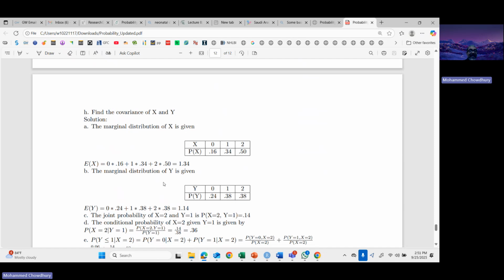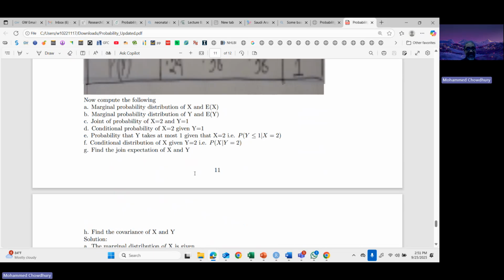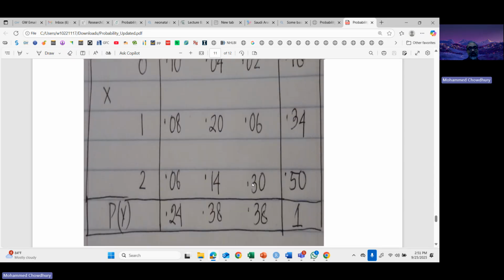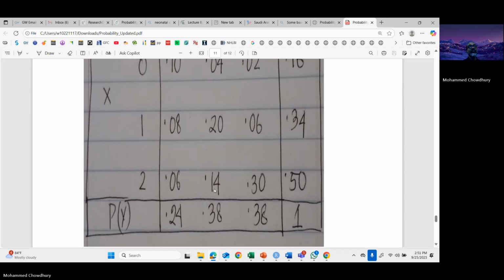Maybe I can add a few more things, like the variance of X, which you can also compute. After that, now come to the third problem: the joint probability of X equal to 2 and Y equal to 1. X equal to 2 is this, Y equal to 1, which is equal to 0.14. Clear? Joint probability.